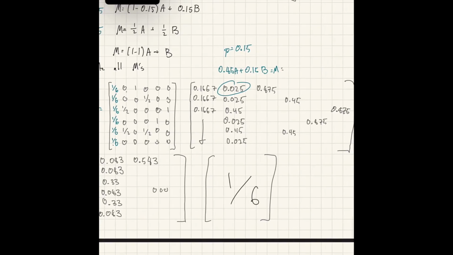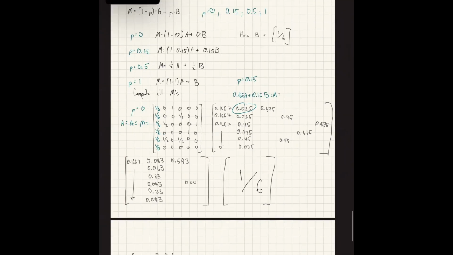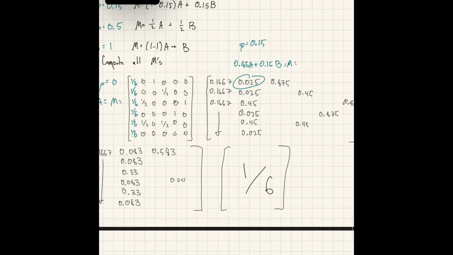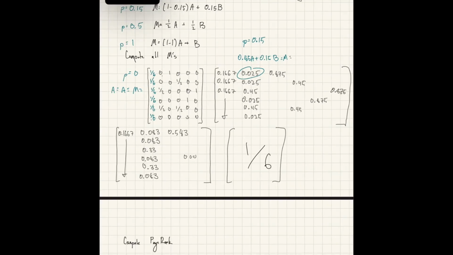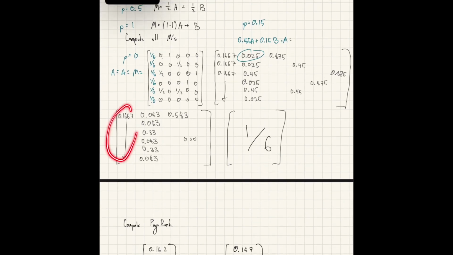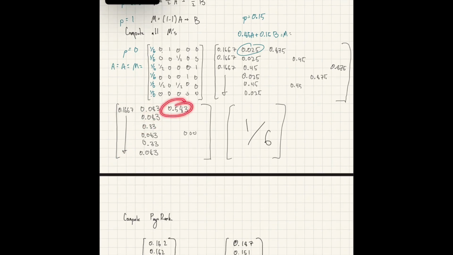After that, we have our value of 0.5 for our damping factor. Again, this row stays 0.1667. Then we have 0.083 for all the empty entries, 0.33 for the values that were 1 half, and 0.583 for the values that were 1.